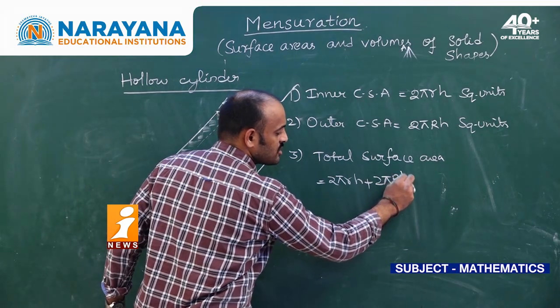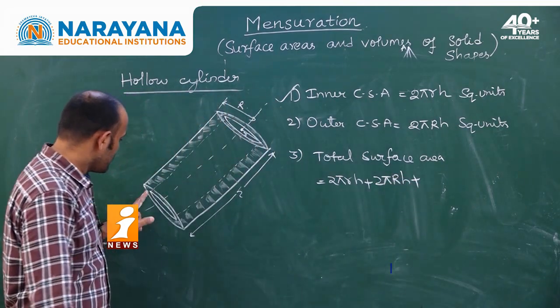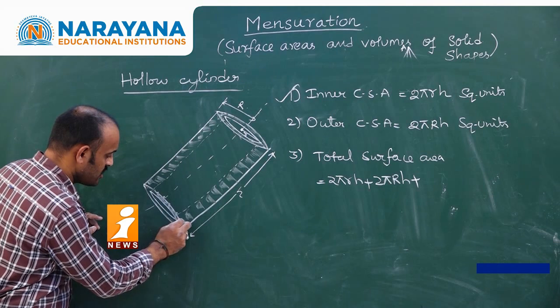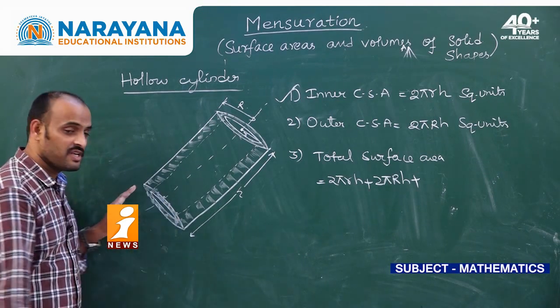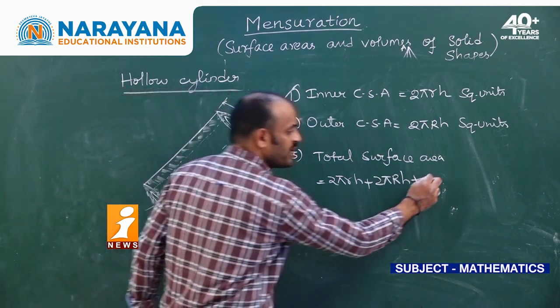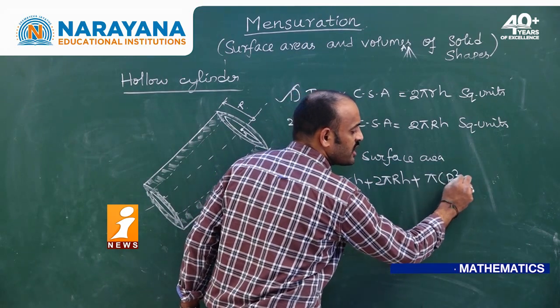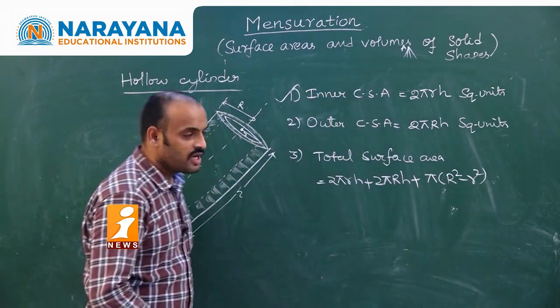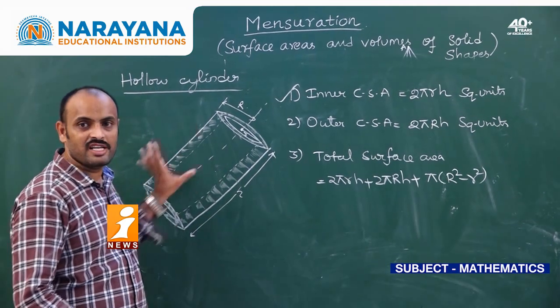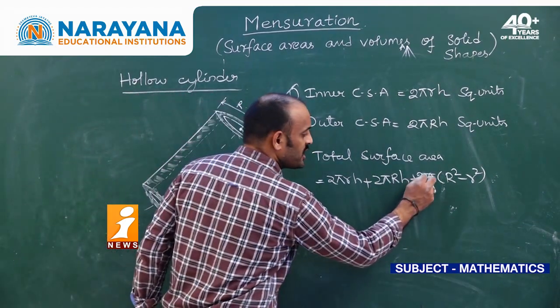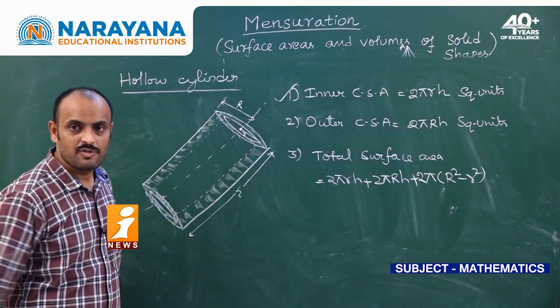R h, plus, see here I can see a ring. Already we have discussed the area of a ring: pi into capital R square minus small r square. As we have two rings, at the bottom as well as at the top, 2 into pi into capital R square minus small r square.